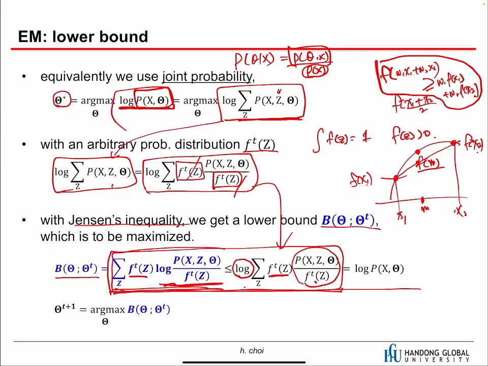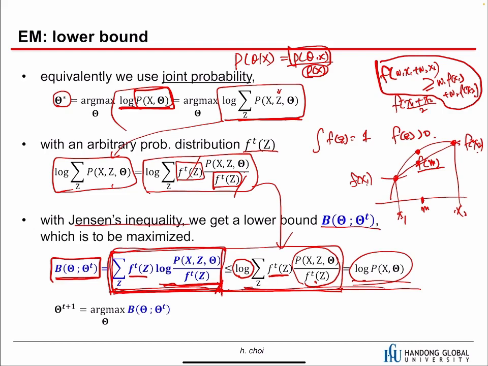And now let's say this one is the lower bound. This is what we want: we want to maximize this one. But this one is complicated. This is a complex problem, so we set a lower bound. If we push this lower bound higher and higher, then this one will go up.